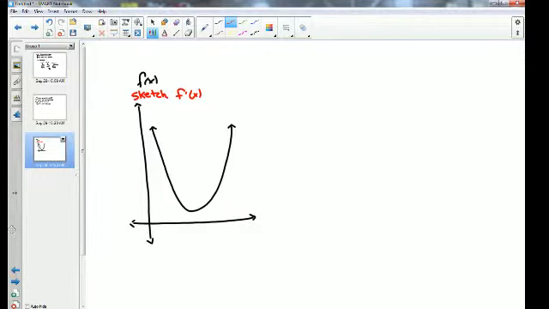So f of x has x and y values. We can do the same thing for the derivative. Okay, so what is the derivative value right here? Zero. Right, it's a horizontal tangent line, so f prime of x here is 0. So I'm going to put an actual 0 right there.